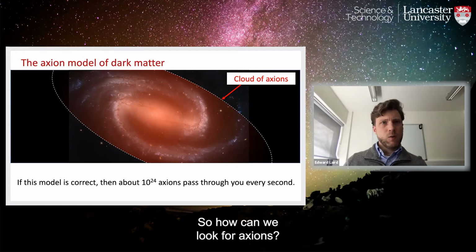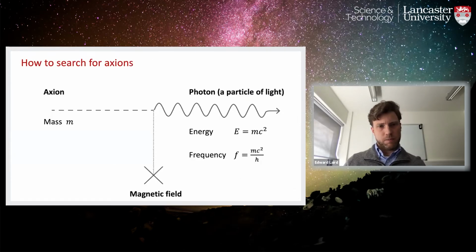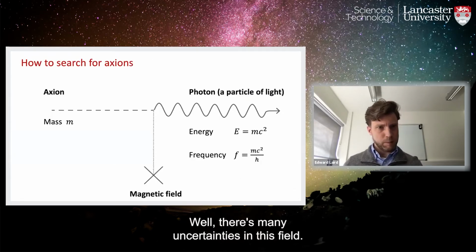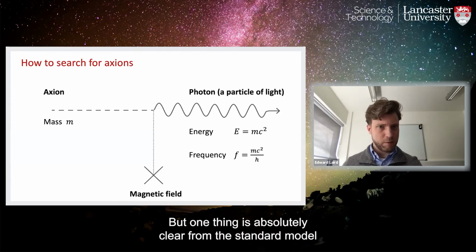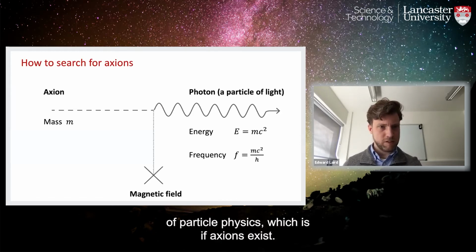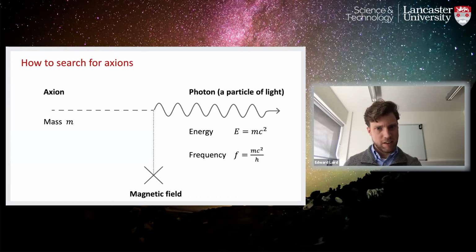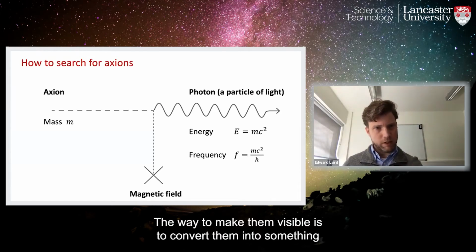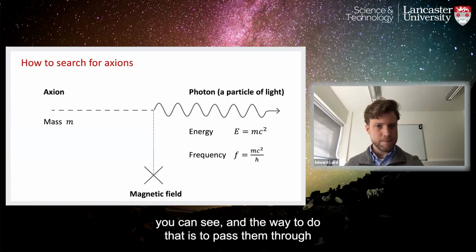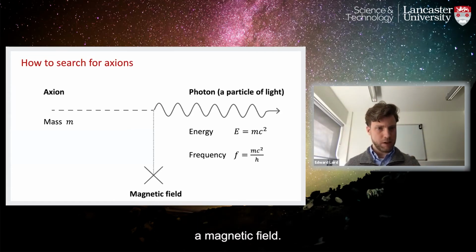So how can we look for axions? Well, there are many uncertainties in this field, but one thing is absolutely clear from the standard model of particle physics, which is if axions exist, the way to make them visible is to convert them into something you can see. And the way to do that is to pass them through a magnetic field.